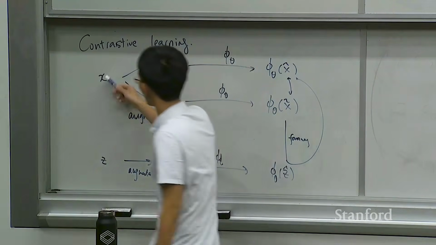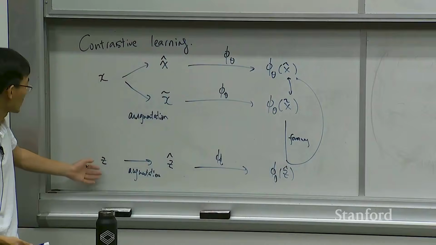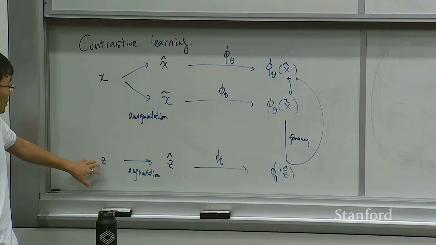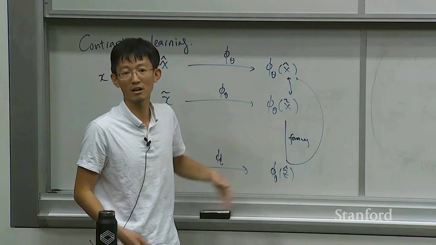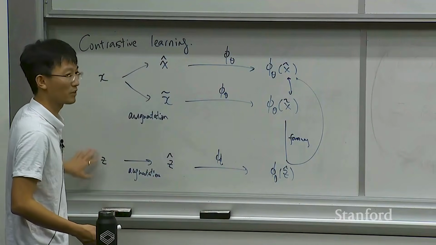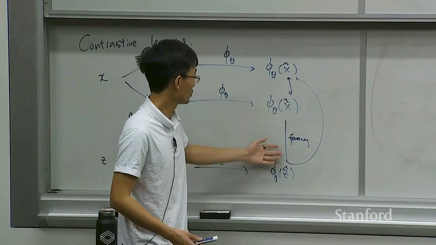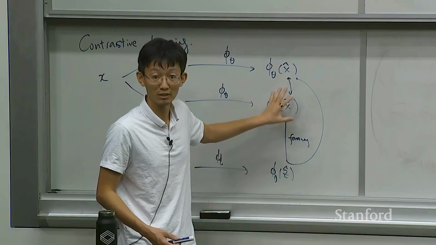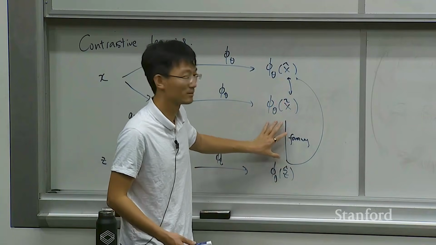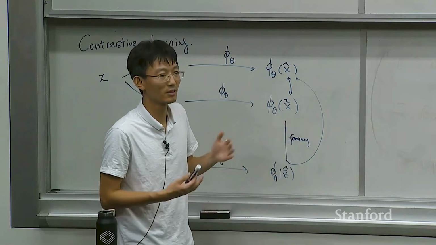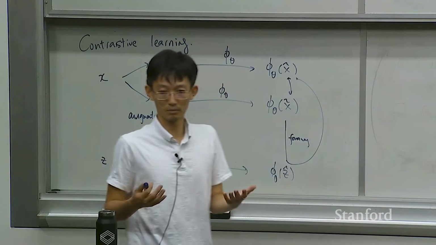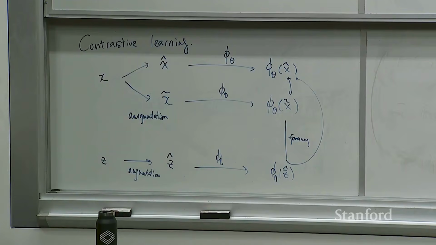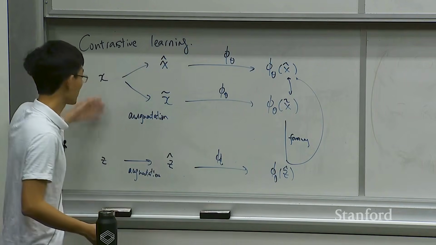Because you don't really know whether they are similar or not, you just take another image. So yes, in that case, your objective for being far away is counterproductive, right? For example, if there are two different airplanes, then you should actually make them close to each other, but your objective is trying to make them far away. So in those cases, you are being counterproductive. But the answer is that's fine, because in most cases, X and Z are not similar.